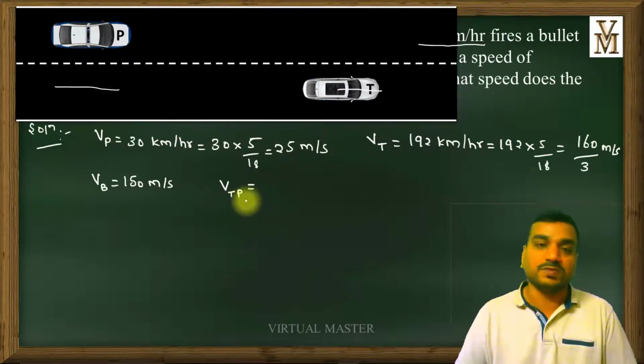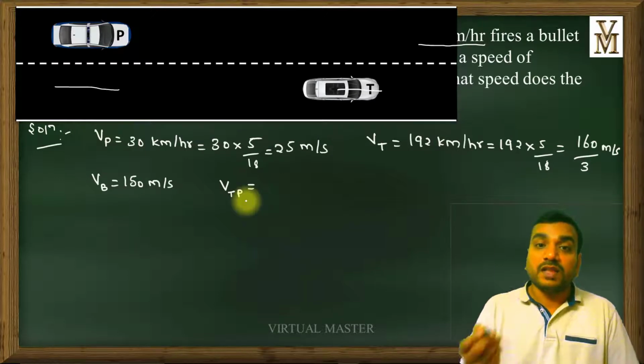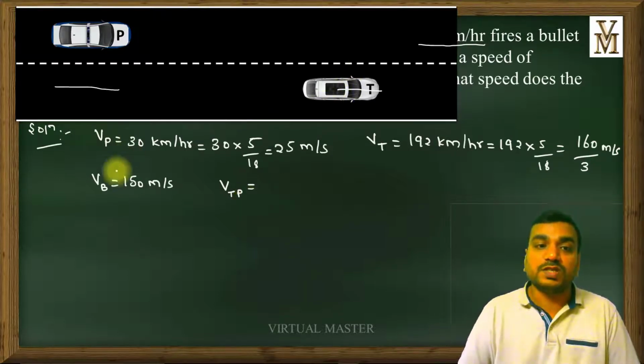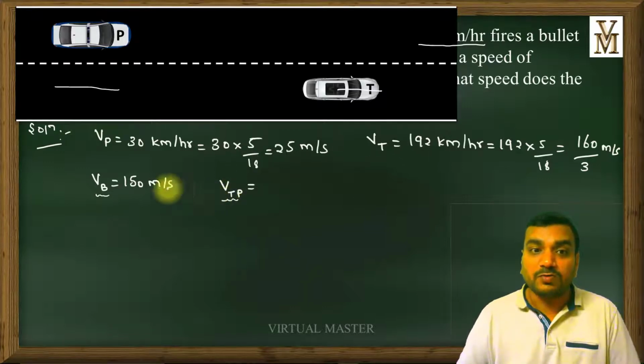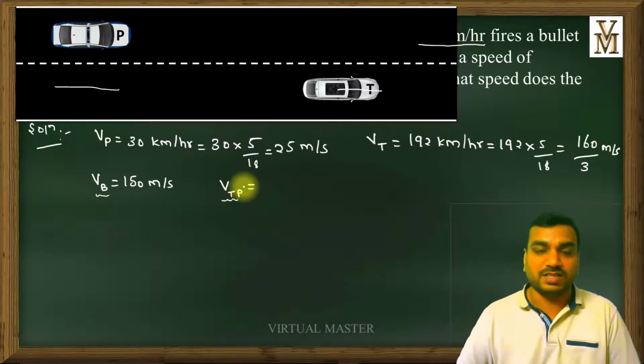And then we have to find the relative velocity of the bullet with respect to the relative velocity of the thief's car with respect to the police car.